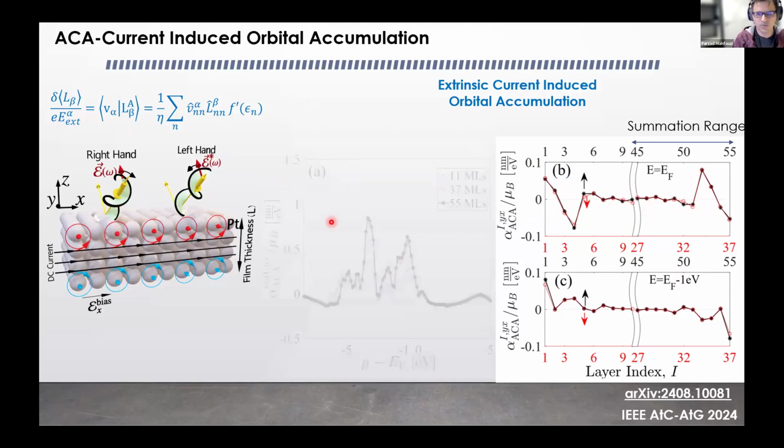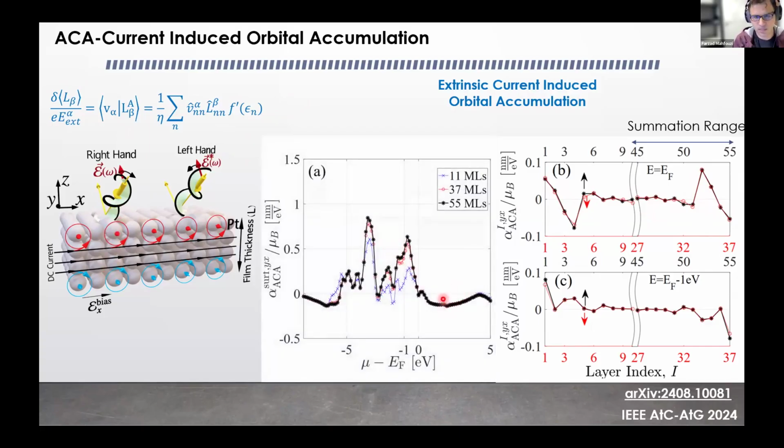Next we see how this orbital accumulation on the one surface changes with respect to the chemical potential. We can see that it rather quickly saturates, after a few nanometers, to the final value. So this atomic type orbital moment, according to our calculations, has relatively short characteristic length. When you increase the thickness, it relatively quickly saturates to the net value, and it doesn't change after that.